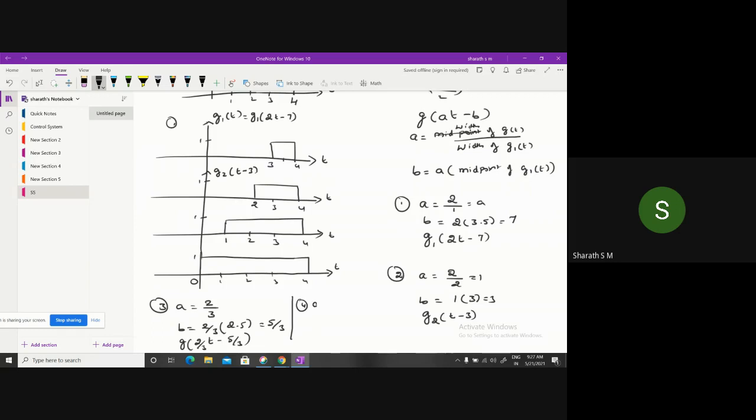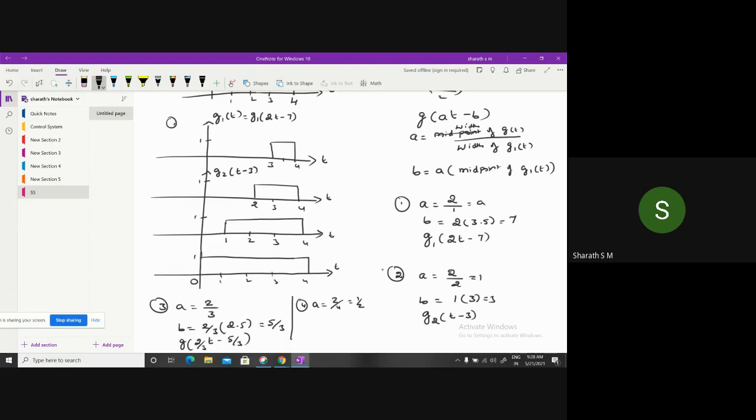Whoever has not understood, you should ask. The last one, width of g is 2. What about this width here? 4. So that is equal to 1 by 2.